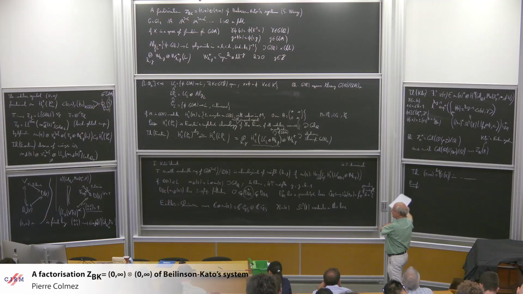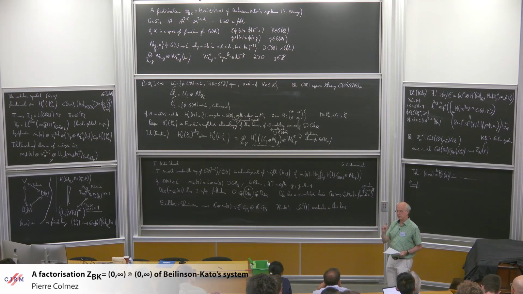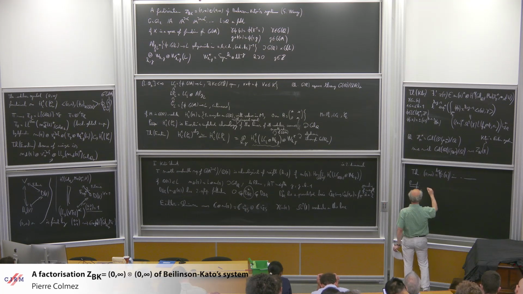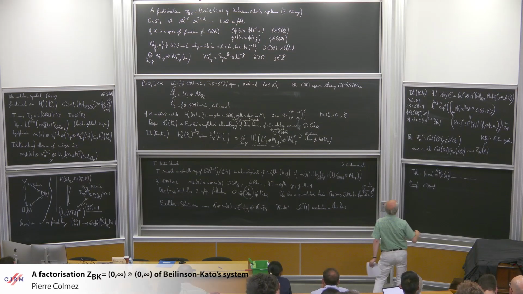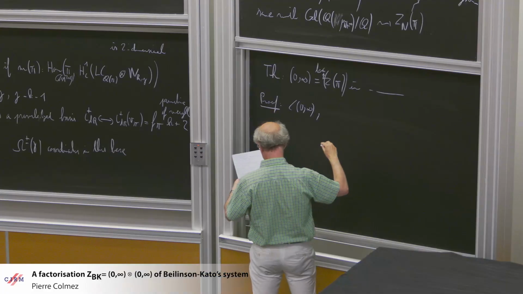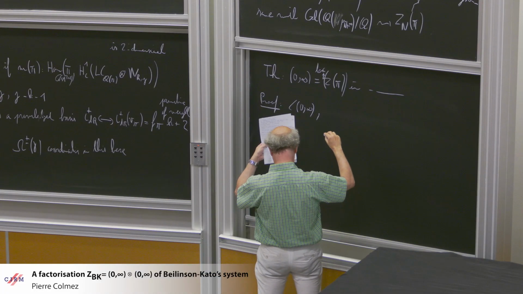The theorem is quite deep, but the proof is easy if you go to the right places in the literature. So the first thing is that you compute a formula for zero infinity evaluated on vectors of the following type.